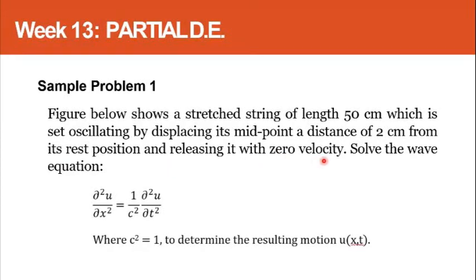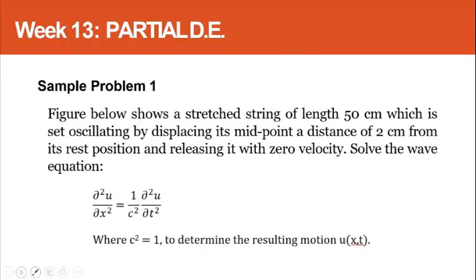And also, what we will use for this is the wave equation. So, for the wave equation, again, our formula is the second derivative of u with respect to x is equal to 1 over c squared times the second derivative of u with respect to t, where the value of c squared is equal to 1. Determine the resulting motion of u(x,t).